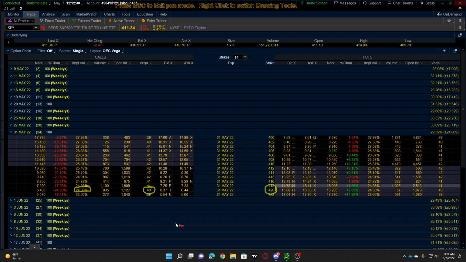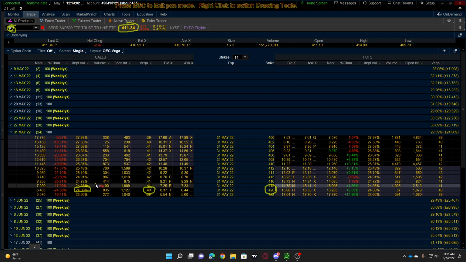If the price of the underlying stock, say SPY, goes up $1 or down $1, that won't change the Vega. What will change the Vega, and how much those options will gain or lose based on volatility values, is each strike's implied volatility.